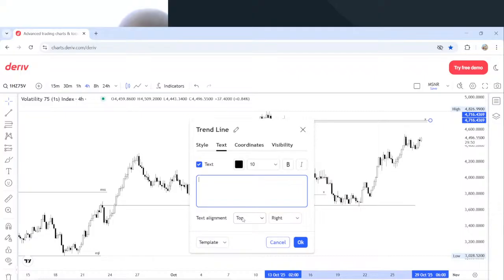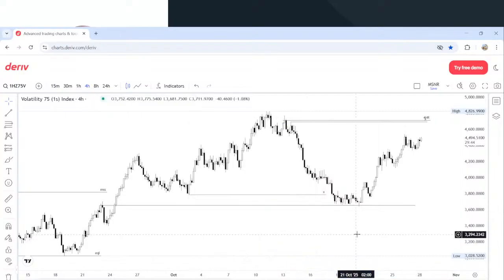This is my 4-hour resistance. Mark it like that, and then we are good to go. We'll see when the market reaches that area how it's going to react. Yes, we'll just wait and see. It's a waiting game, guys.